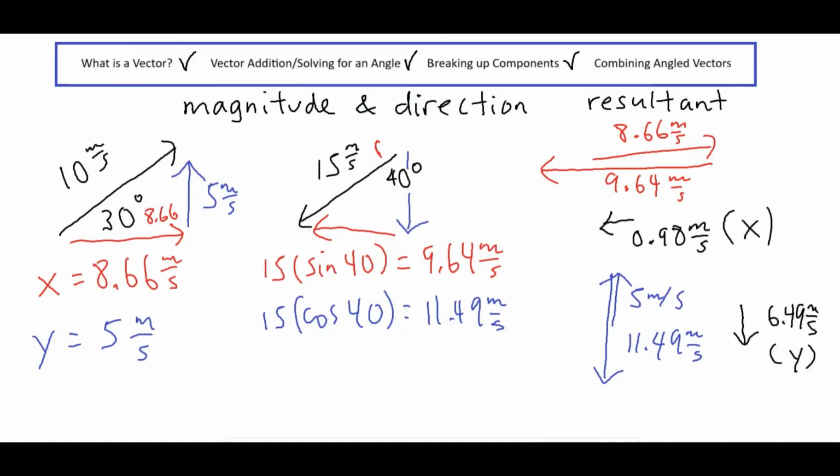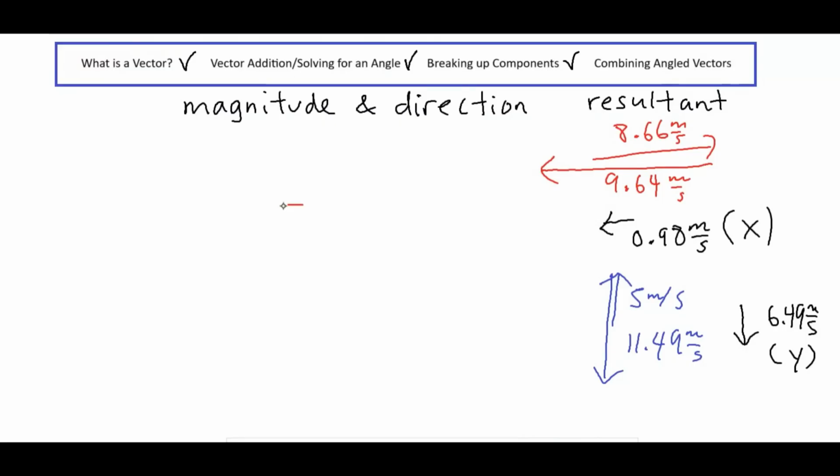Okay, so now that I have my final horizontal and vertical component, I can get my final answer. So I have my final x component. It was going to the left at 0.98. And then I have my final vertical component. That one goes down 6.49. Now from there, I'm going to go ahead and make my resultant vector as I did before.